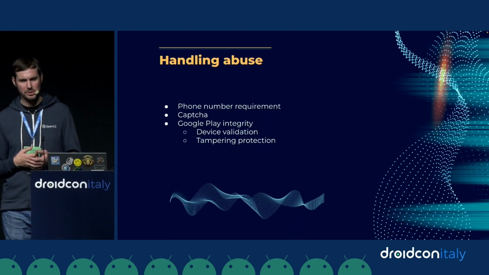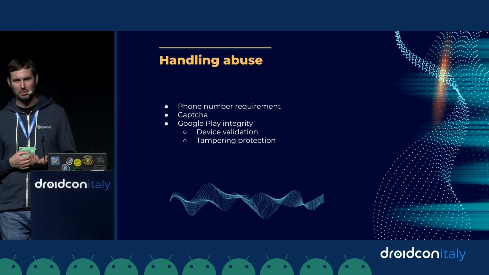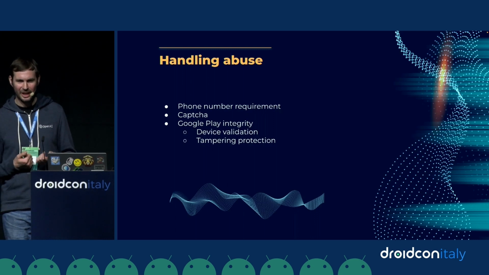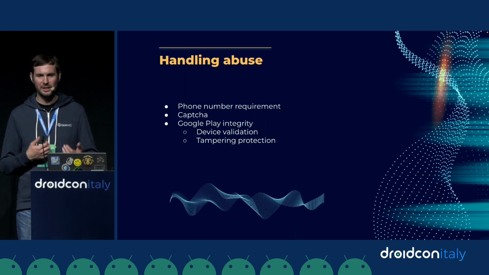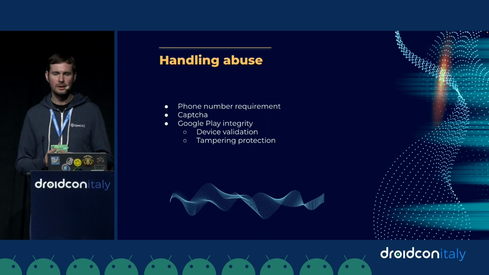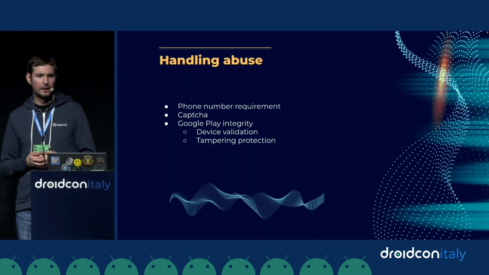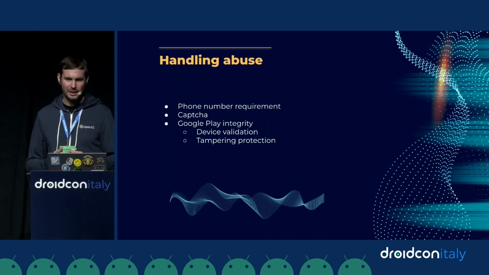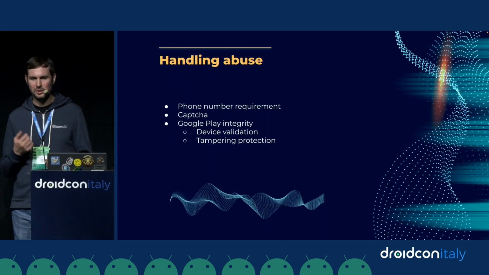We also have captchas in onboarding. That part is frustrating for us developers because we often need to create new users for testing. And finally, we use Google Play Integrity. We use both validation and tampering protection.